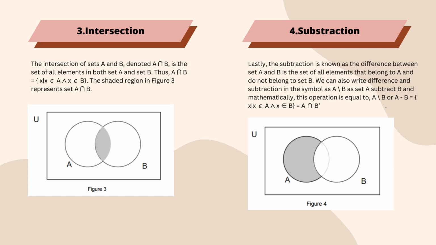And for the last operation, which is subtraction, also known as the difference between set A and set B, it is the set of all elements that belong to A and do not belong to set B. We can also write difference and subtraction in the symbol as A\B, or set A subtract B. Mathematically, this operation is equal to A\B, or A subtract B, equals A ∩ B complement.